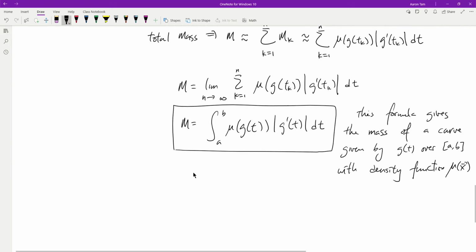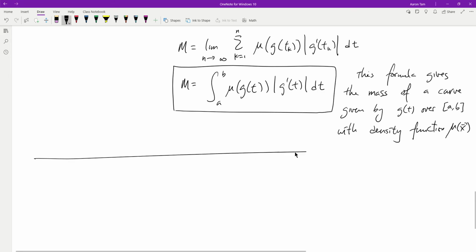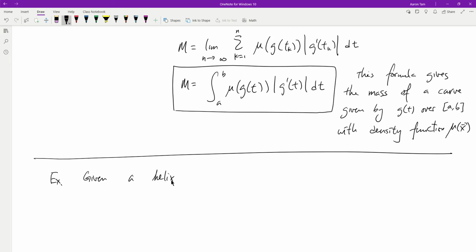So let's try an example. Here's an example. Let's say we're given a helix described by the function g of t equals 2 cosine t, 2 sine t, t, and t goes from 0 to 2 pi.